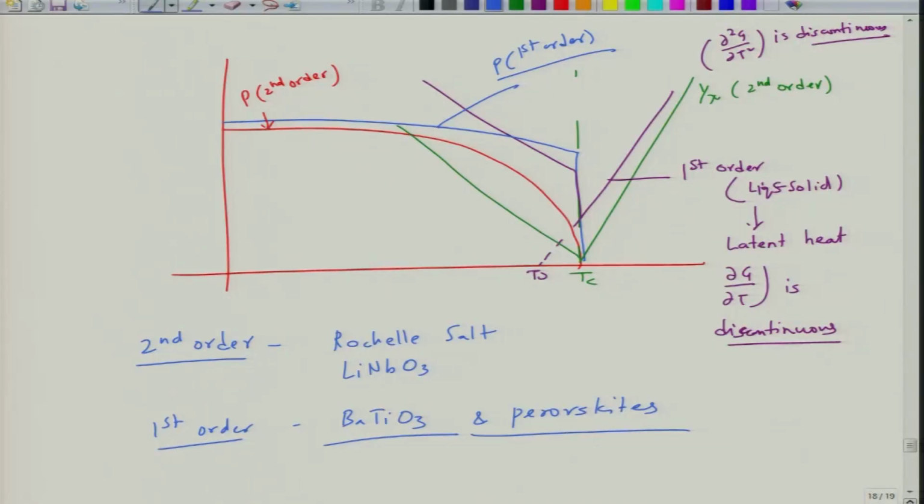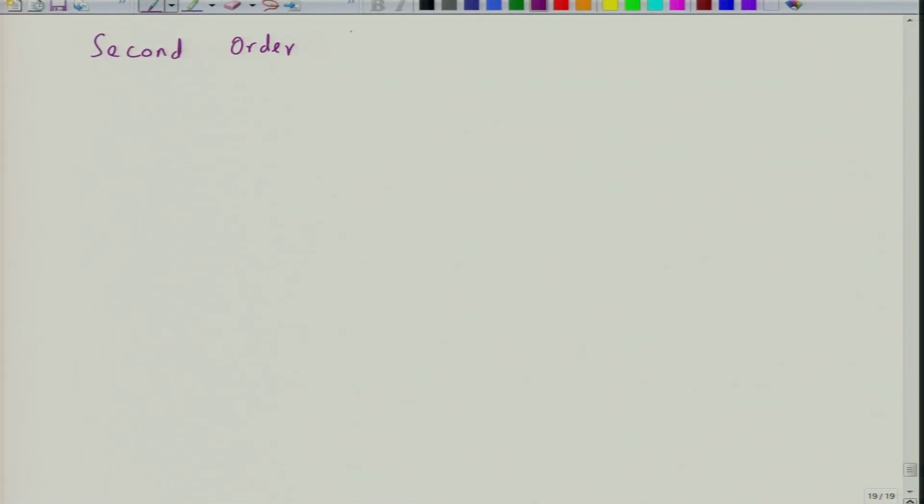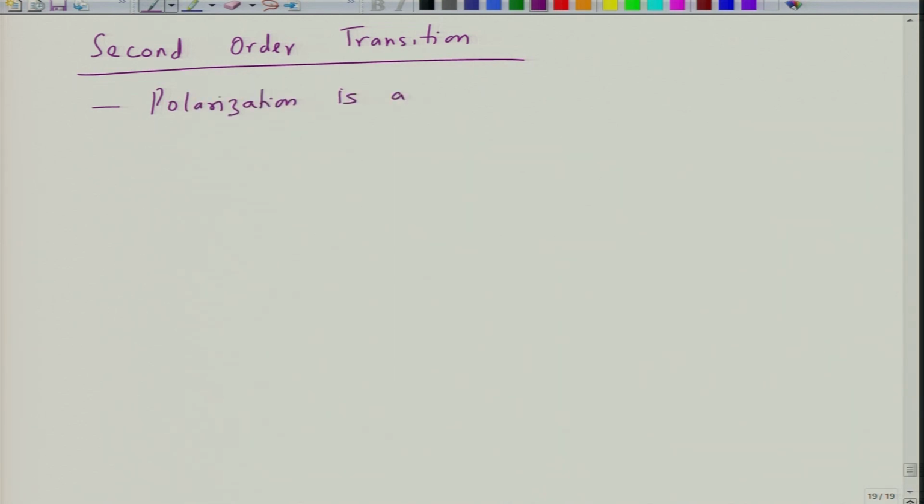Now, let us see if we have time to do any detailed analysis, but let us first do some analysis of the second order transition. In the case of second order transition, if you look at the free energy, we can say that polarization is a continuous function of temperature.